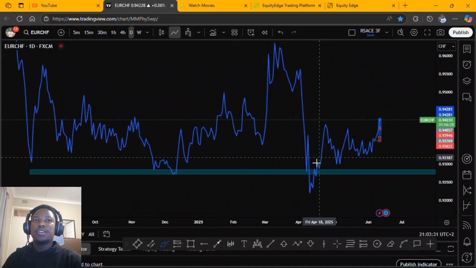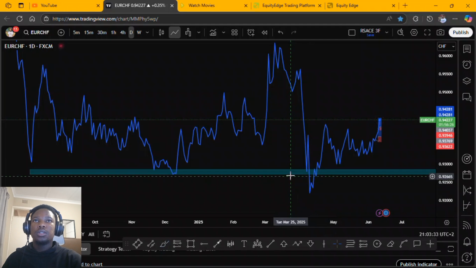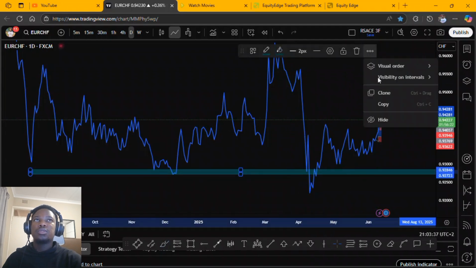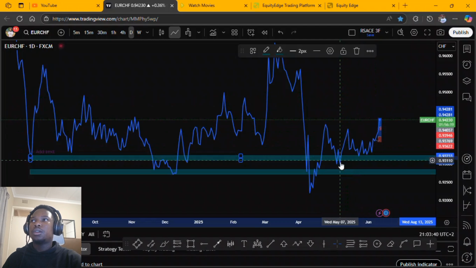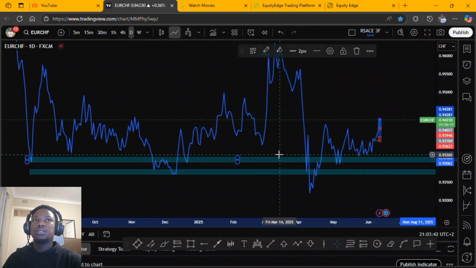And then we also have another zone. Yes, this one.